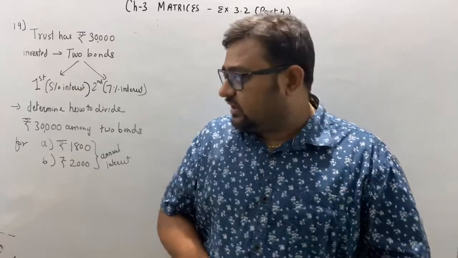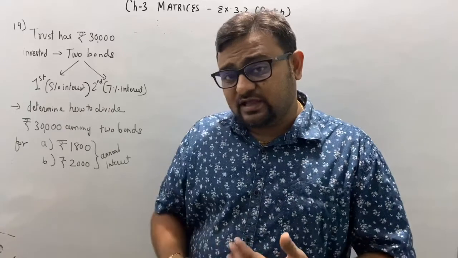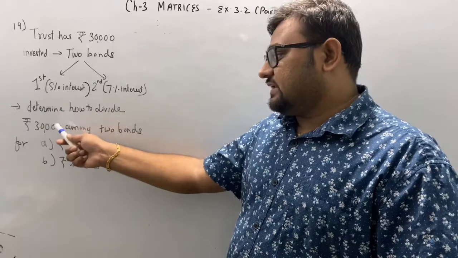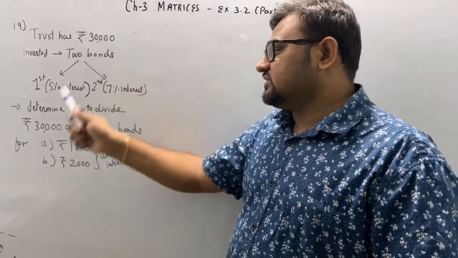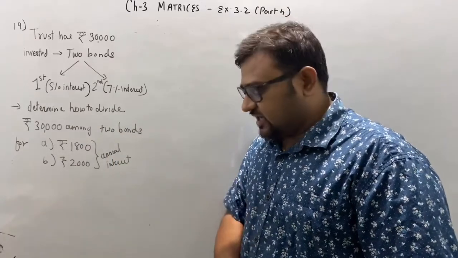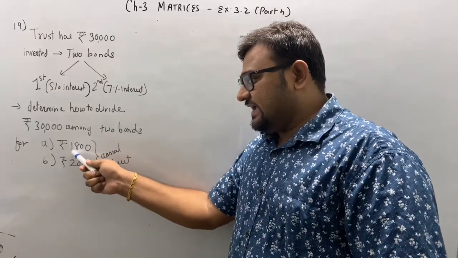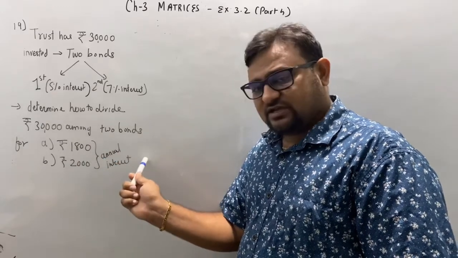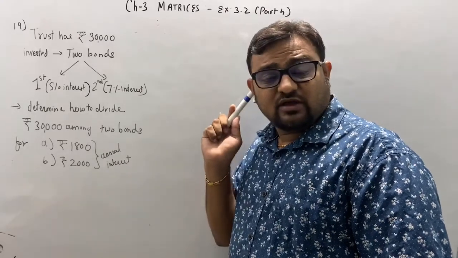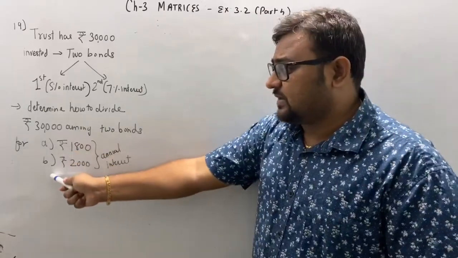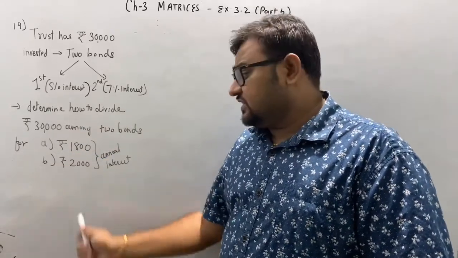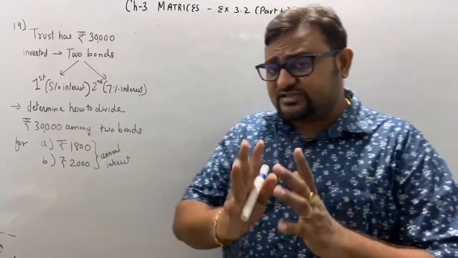Now, using the multiplication of matrices, you have to determine how these 30,000 rupees can be divided among the two bonds such that they get 1800 rupees annual interest in the first case and 2000 rupees annual interest in the second. So there are two subparts.